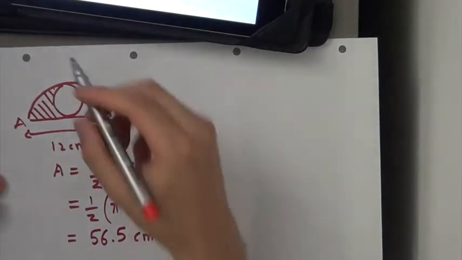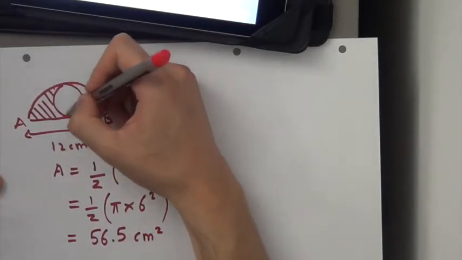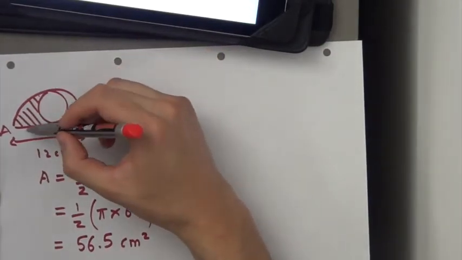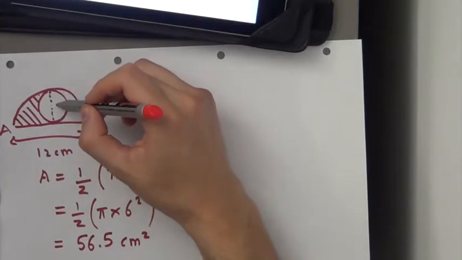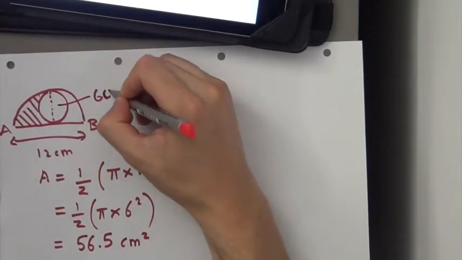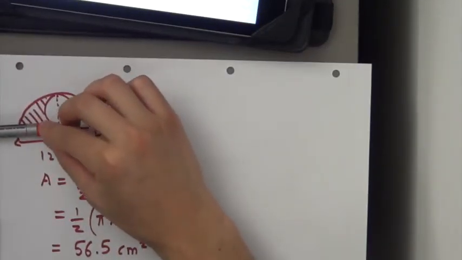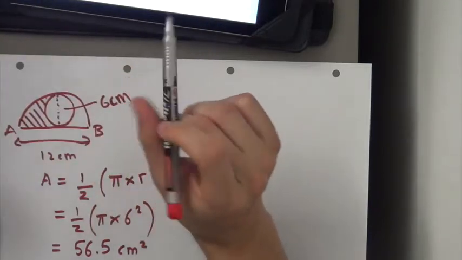Now I'm going to work out the area of this circle here. Basically, this length here is also going to be 6 centimeters because if we cut this 12 in half and rotated this around, that would be 6 centimeters.